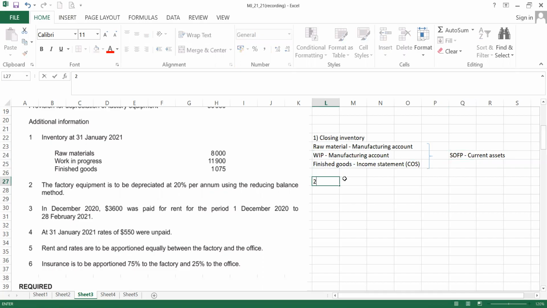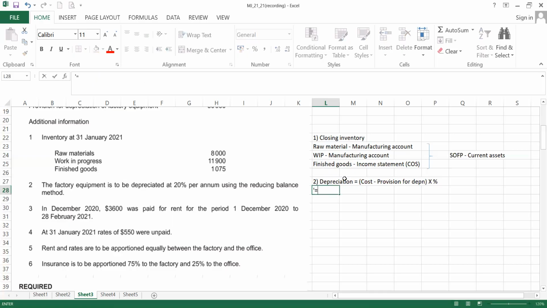Okay, number two, the factory equipment to be depreciated at 20% per annum using reducing balance. So reducing balance method, the formula is taking the cost minus the provision for depreciation and times the percentage.